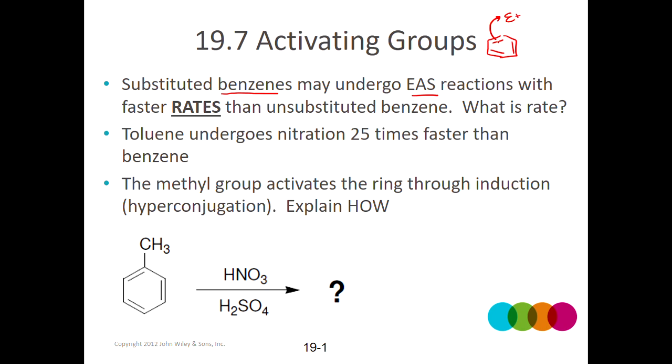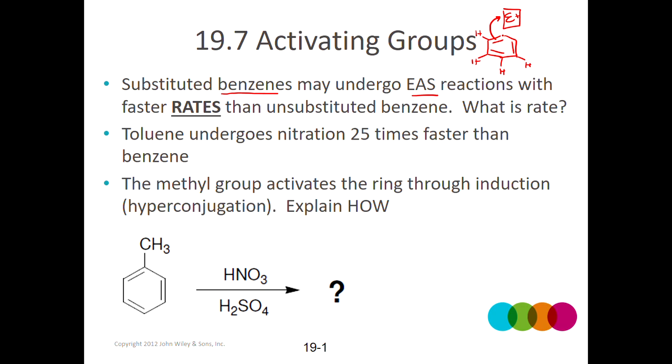It has to be pretty strong because the resonance and aromaticity of this ring makes it relatively stable and low in energy, so you need a relatively high energy electrophile to attract those electrons out of there. So today we're going to look at what happens when there's something else on the ring other than the ring being bonded to 6 hydrogens at each of these positions all the way around.